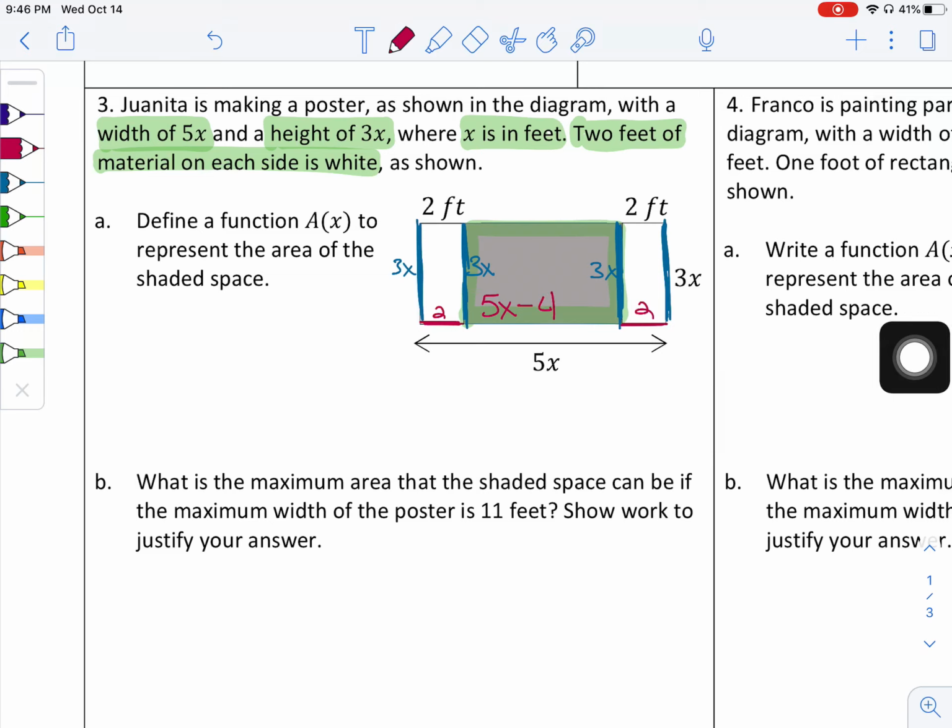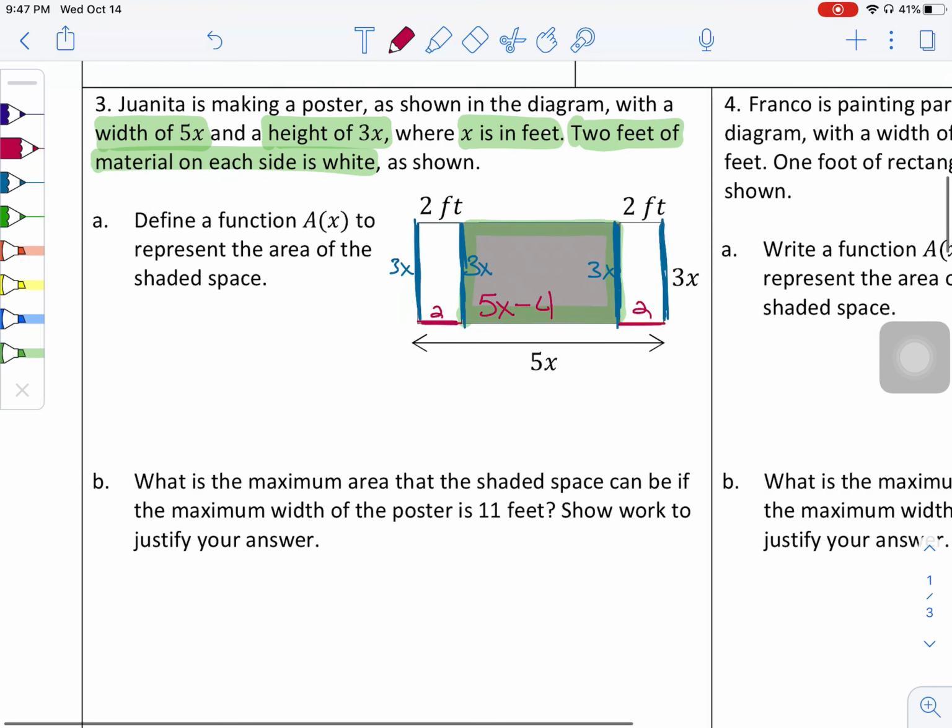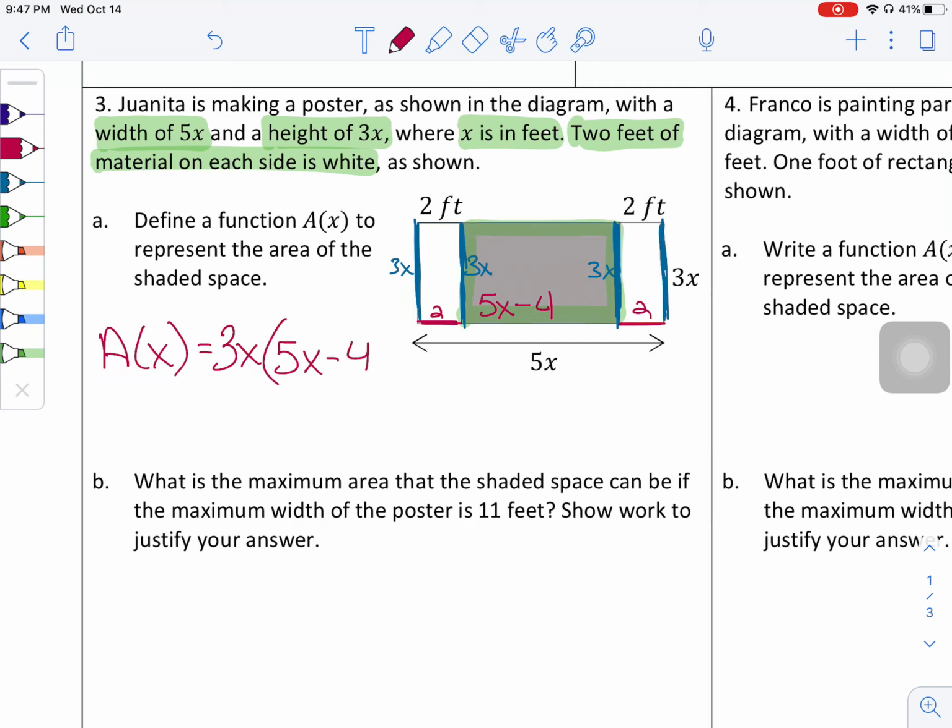Okay, so area again, we're talking about a rectangle, so area A of x is equal to our width, which is 3x, times our height. Actually, I said it wrong. The height was 3x, and the width is just the shaded part, 5x minus 4. All right, so that is our handy-dandy area function for the shaded space.